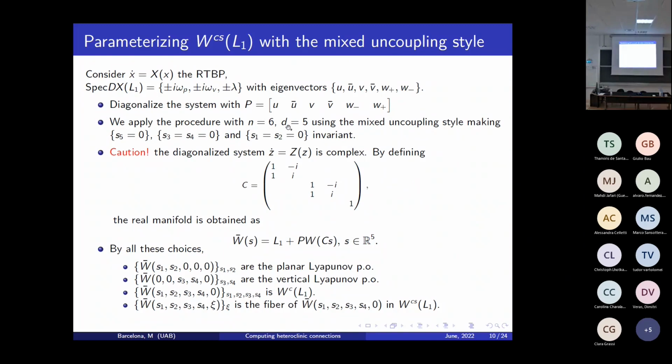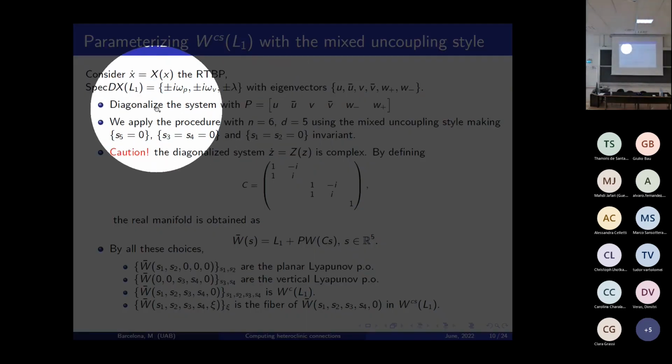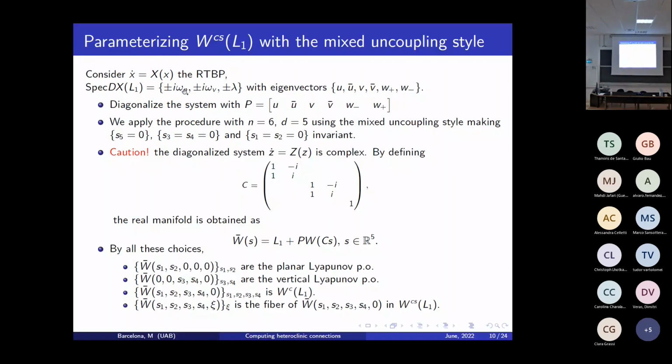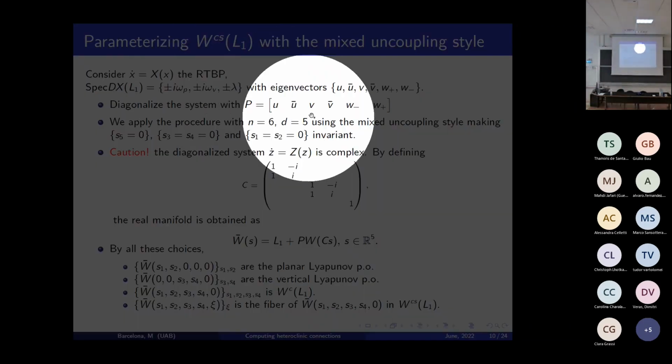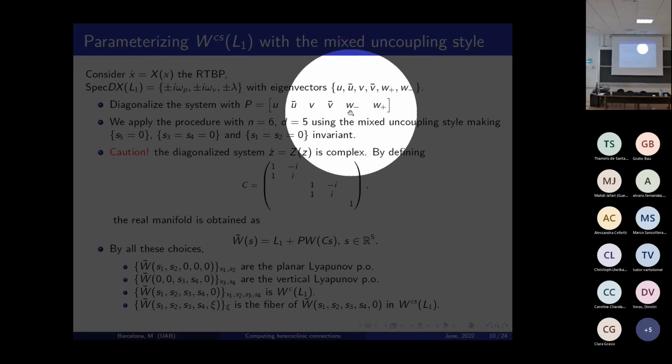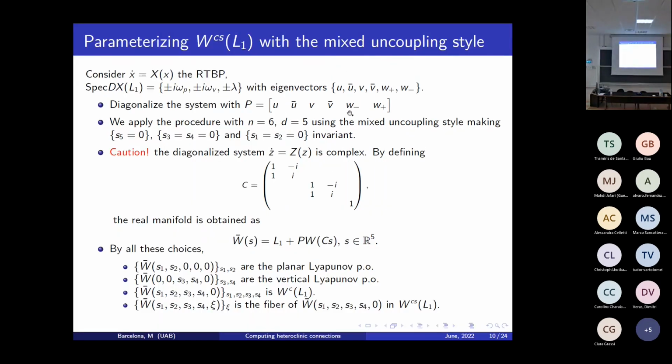where U is the eigenvector associated to the planar eigenvalue of the differential of the vector field, V are the eigenvectors associated to the vertical part, and these W's are the ones associated to the real eigenvalue.